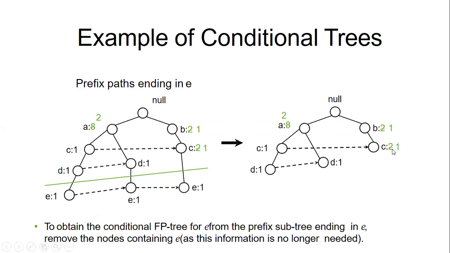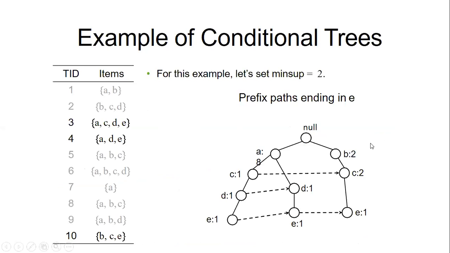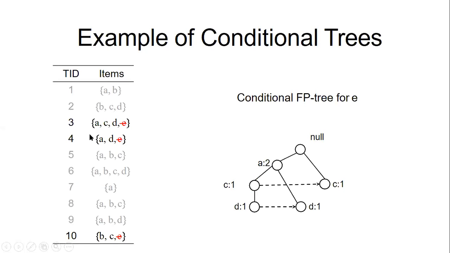So C is 2 and D is 2. But B is how many times? Only 1. If you see these transactions, only consider the highlighted ones, transactions 3, 4 and 10. So how many times is B occurring? B is not there, B is not there, but B is here. How many times is B there?